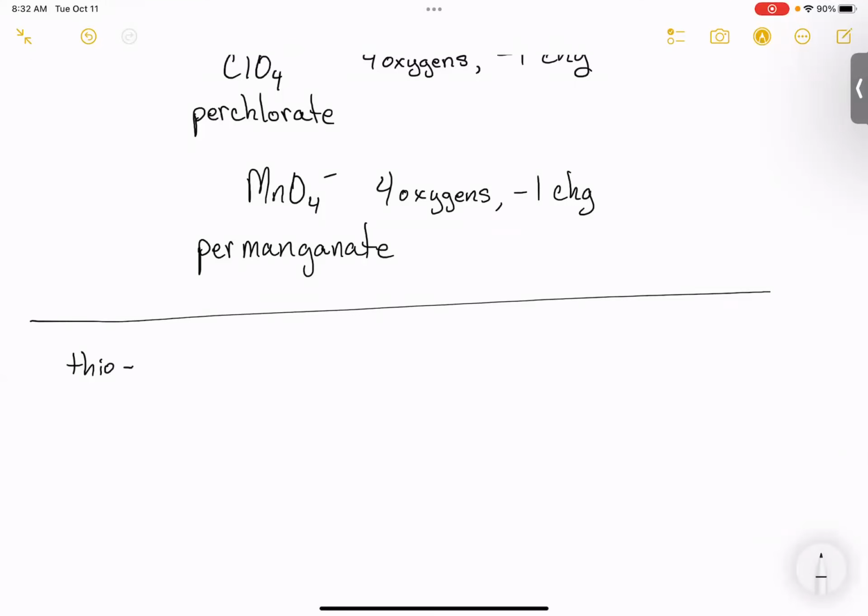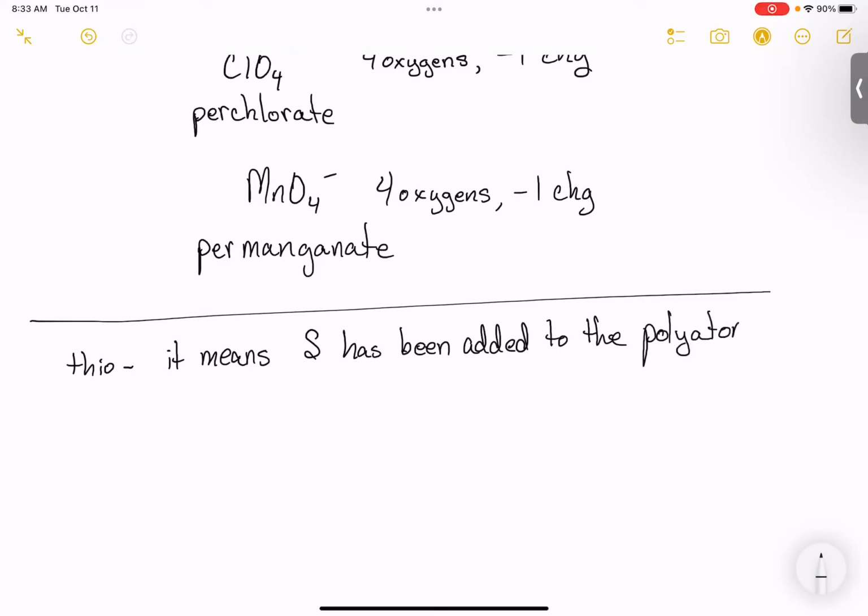If you see the prefix thio at the beginning, it means sulfur's been added. But really, as far as the majority, I can't, you're just going to have to memorize some. But hopefully these trends help you memorize some of them.